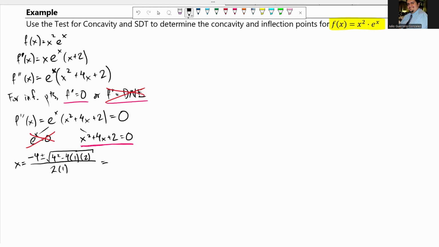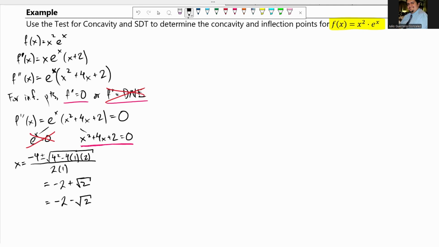If you reduce this down, I'm going to give you the two values: minus 2 plus the square root of 2, and minus 2 minus the square root of 2.